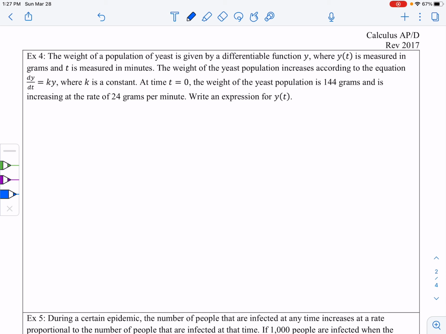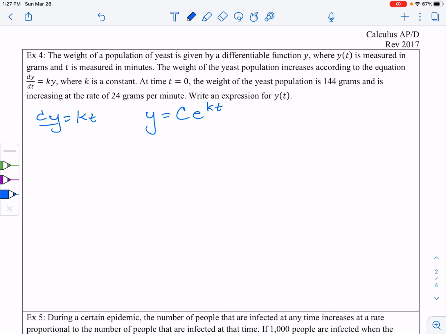All right, so you know that it's this equation, y equals c e to the kt. And we also know that dy dt is proportional, right? The weight of the yeast increases according to the equation. All right, so the yeast population is 144.